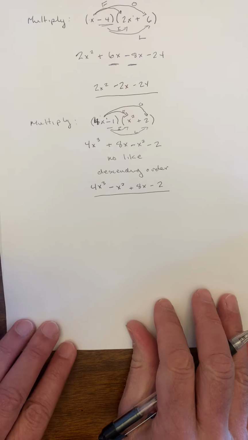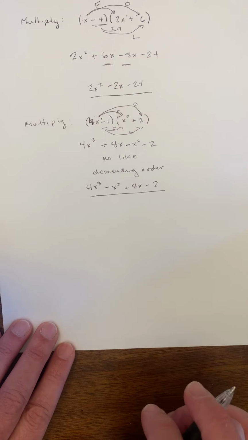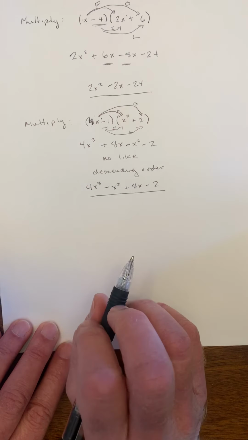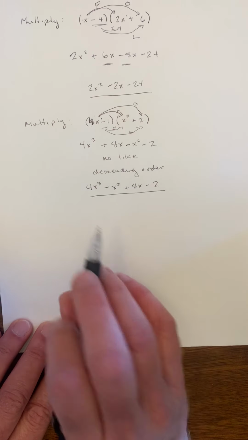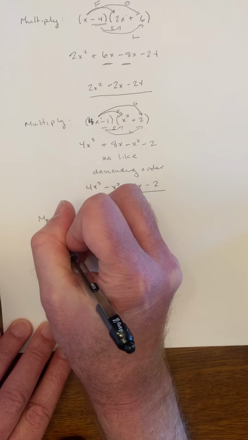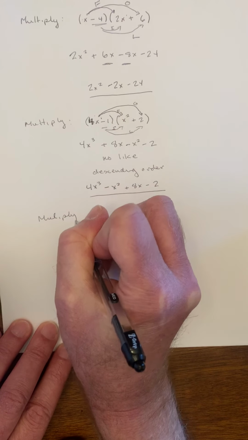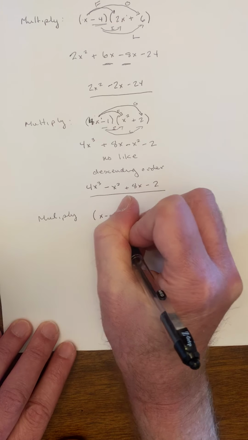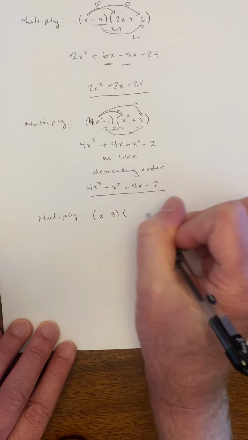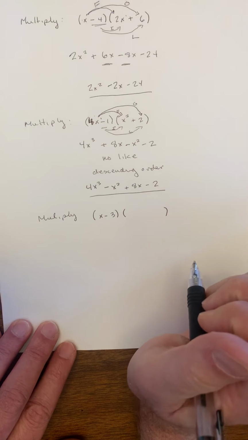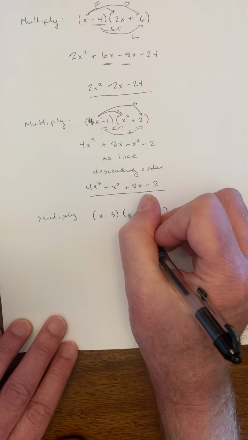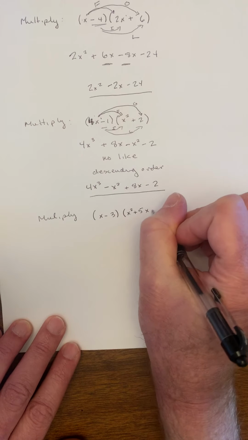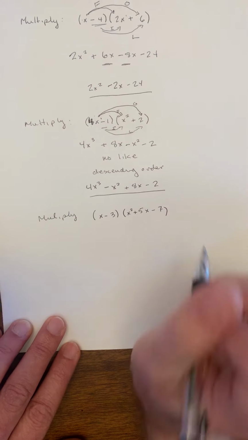Okay, now we're going to do the advanced part of this. Power level advanced engaged. So now I'm going to take a binomial, x minus 3, and I'm going to multiply it by a trinomial. x squared plus 5x minus 7.